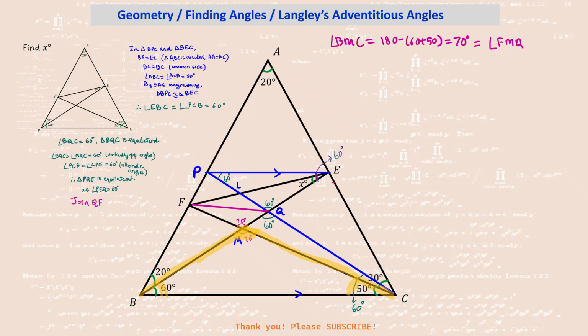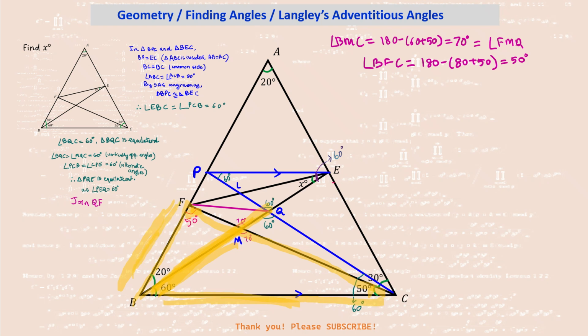So vertically opposite, angle FMQ is also 70 degrees, and angle BFC is 50. Angle BCF is 50, so that would mean BF is equal to BC, and BQ is equal to BC because that is the equilateral.